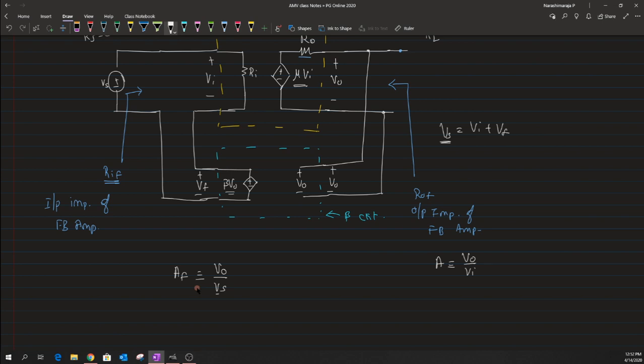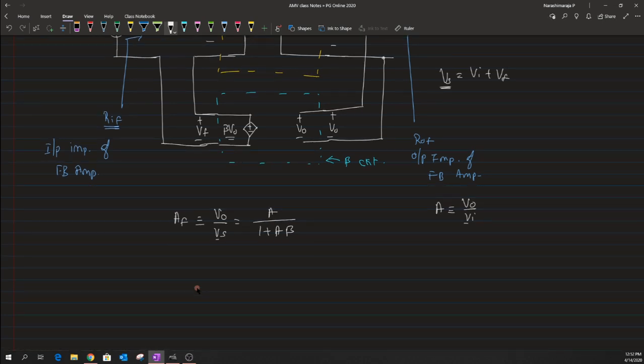So these are the two quantities that differ from each other, and one could use this ideal model, which I will not do for you. You can just work it out, and it can be written as A divided by 1 plus A beta. And this expression A divided by 1 plus A beta is the same for whatever type of feedback amplifier that we are discussing.